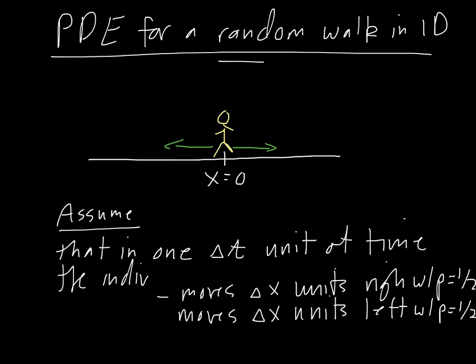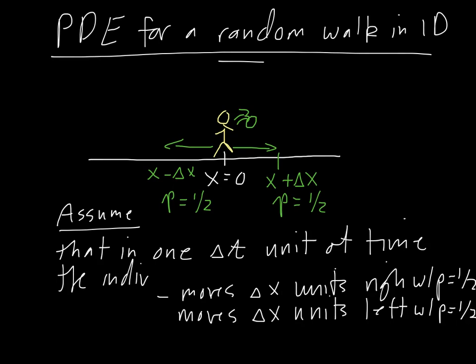Okay, so we look at this individual. This person is basically flipping a coin each delta t unit of time and moving delta x units to the right with probability equal to 1/2, and delta x units to the left with probability equal to 1/2.